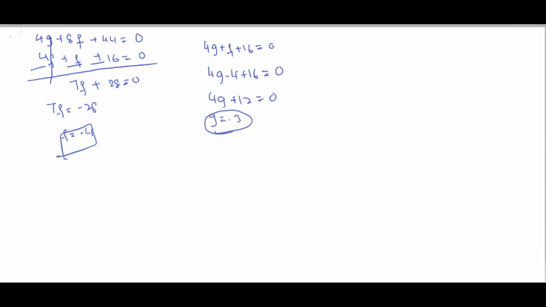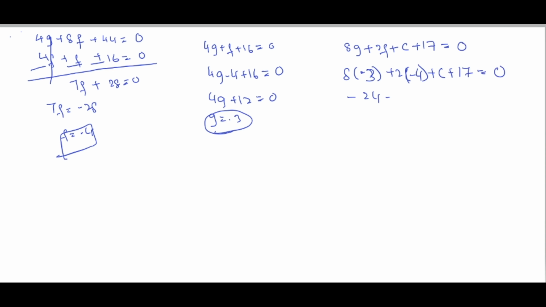Substituting g, f values in the third equation, 8g plus 2f plus c plus 17 is equal to 0. 8 into minus 3 plus 2 into minus 4 plus c plus 17 is equal to 0.